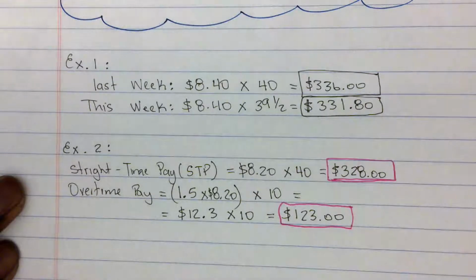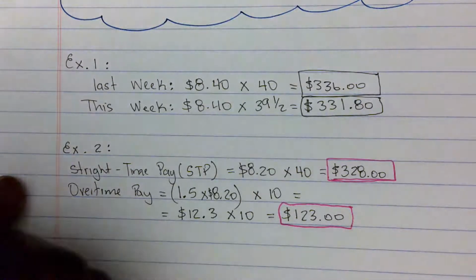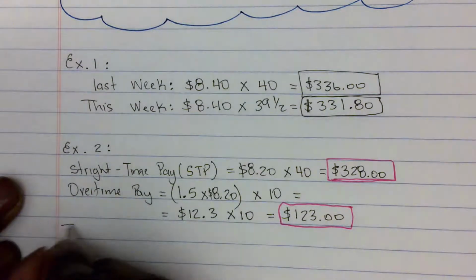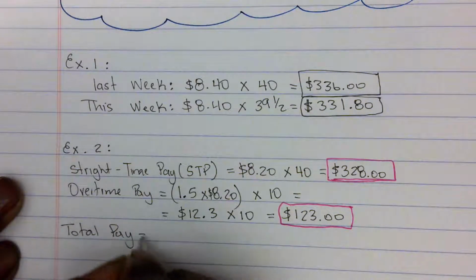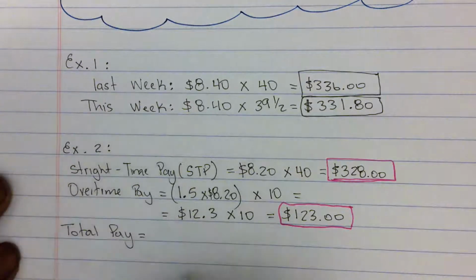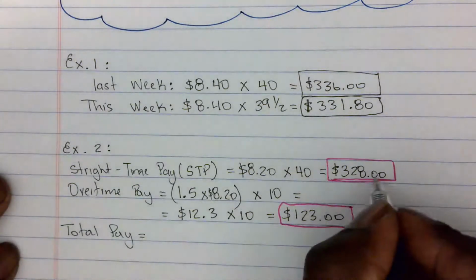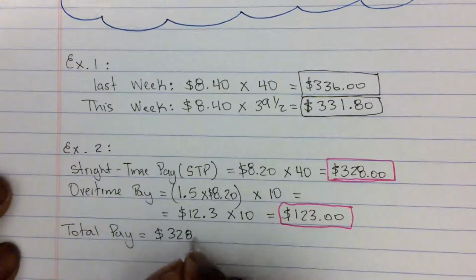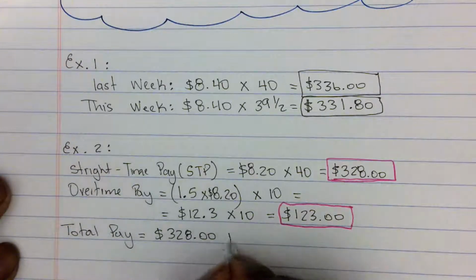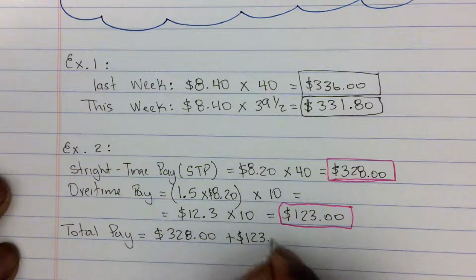Now it should be easy, because to find the total, our total pay is equal to our straight time pay, which is $328, plus $123.